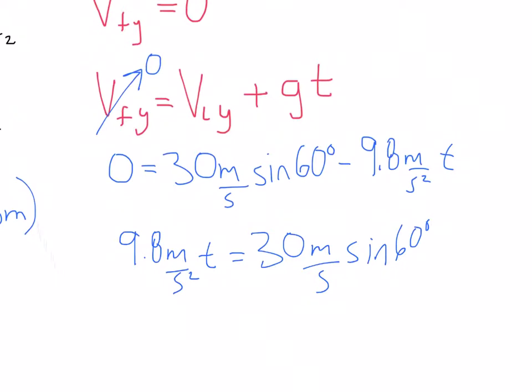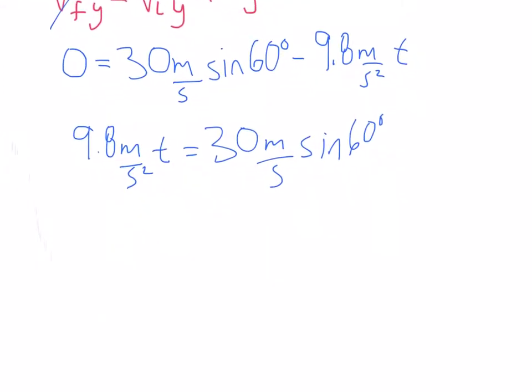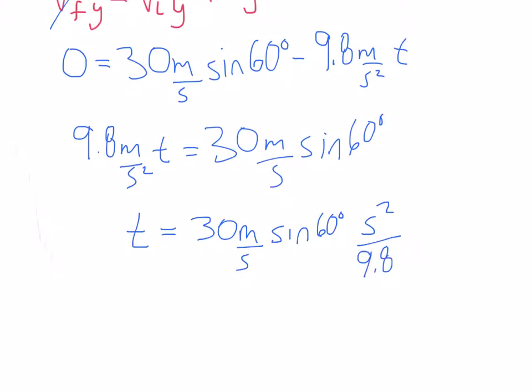Now I'm going to divide by 9.8 meters per second squared on both sides, which means I'm going to multiply the other side by its reciprocal. So I'm left with t is equal to 30 meters per second sine of 60 degrees second squared over 9.8 meters. Now, notice meters cancel, and then one of the seconds cancel. So we're left with t is equal to 2.65 seconds.